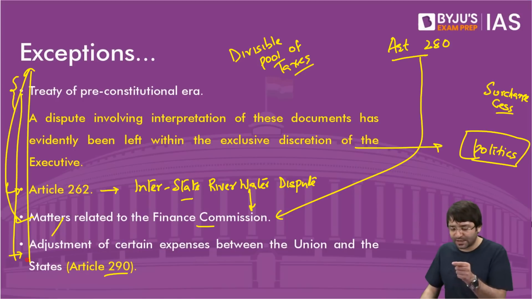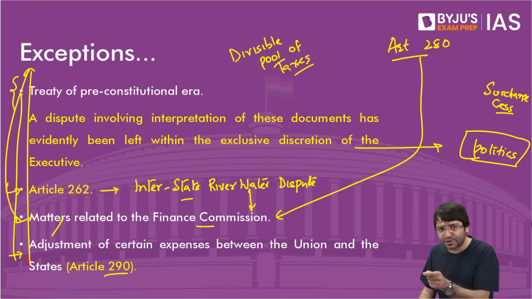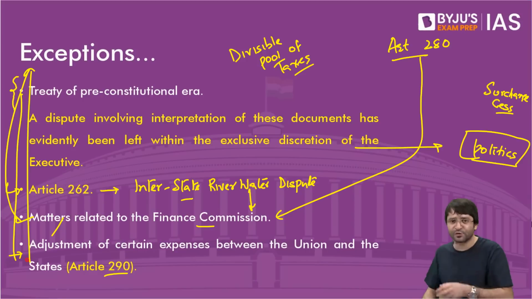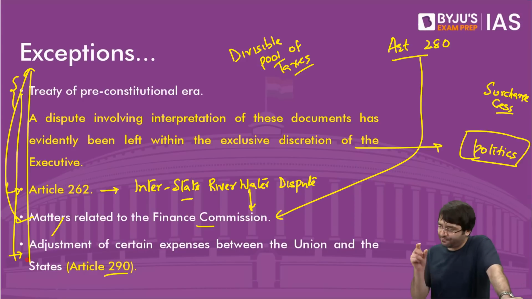Which means when we are discussing the powers of the Supreme Court, the jurisdiction of the Supreme Court, we say the first power is original jurisdiction, original exclusive jurisdiction. Original jurisdiction, those cases which can be filed directly in the Supreme Court, we say the Supreme Court has original jurisdiction on these cases.